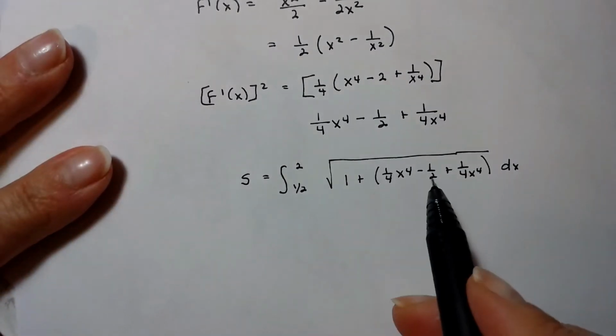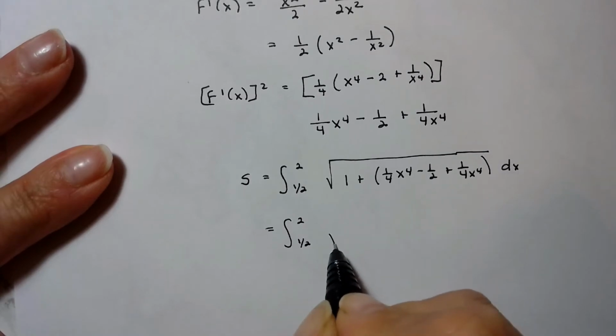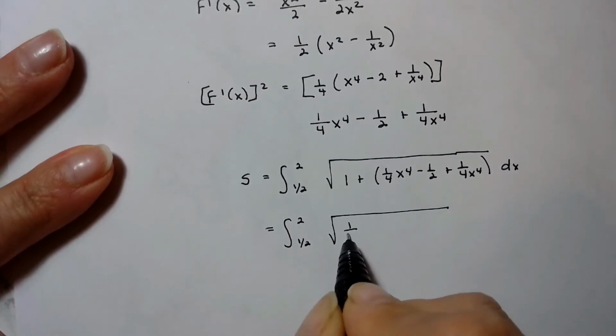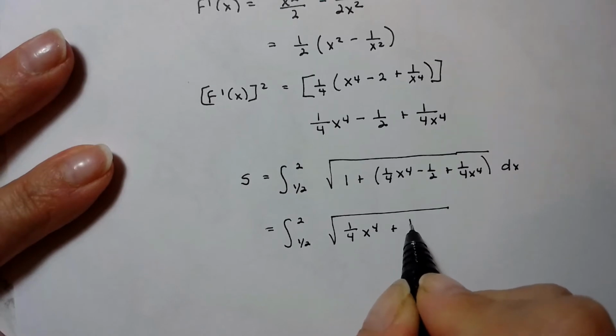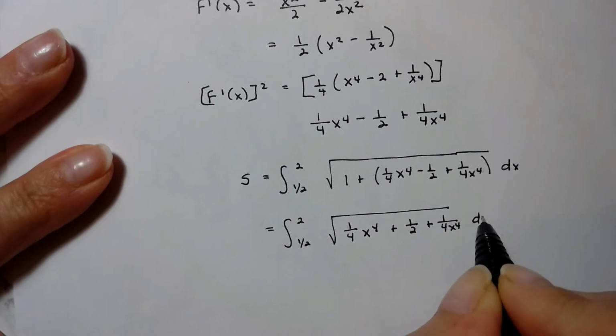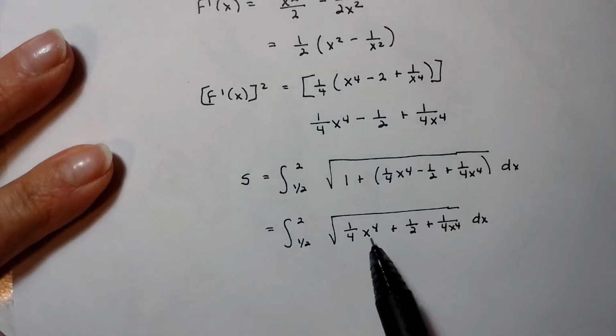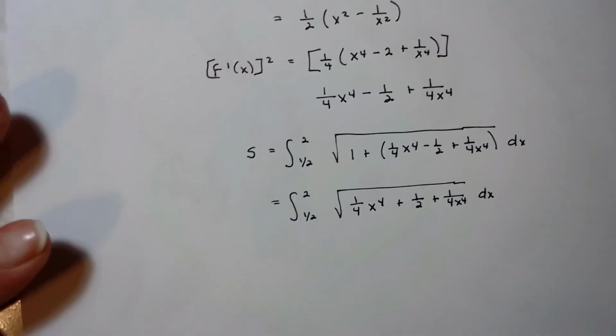And now if I add the 1 to that, I'm going to have 1/4 x to the 4th plus 1/2 plus 1 over 4x to the 4th. I think that's another thing I might have done too, is I might have thought this was downstairs or something at some point. Not sure.